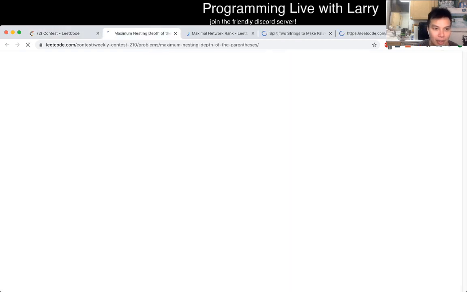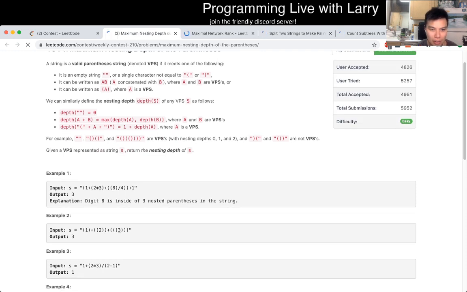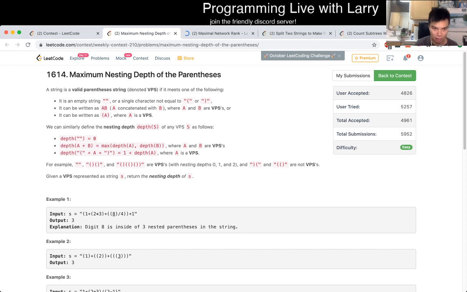Q1. Okay. F is 1 to 5. Okay. AP. I think the nesting tab. This is straightforward.